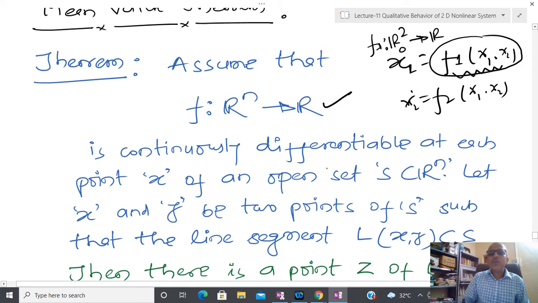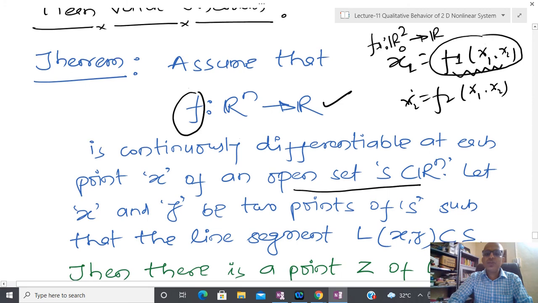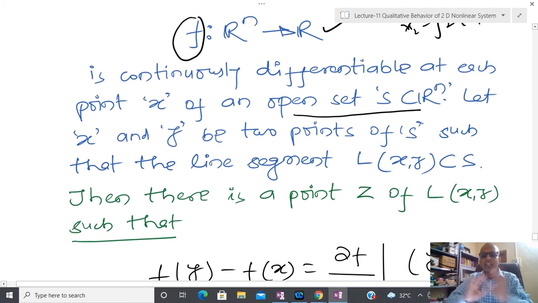What I am assuming is that the function f is continuously differentiable at each point in an open set. Do not worry about why I have written open set; I will tell you that story in the next part of this course. For the time being, open set means boundary points are not included.